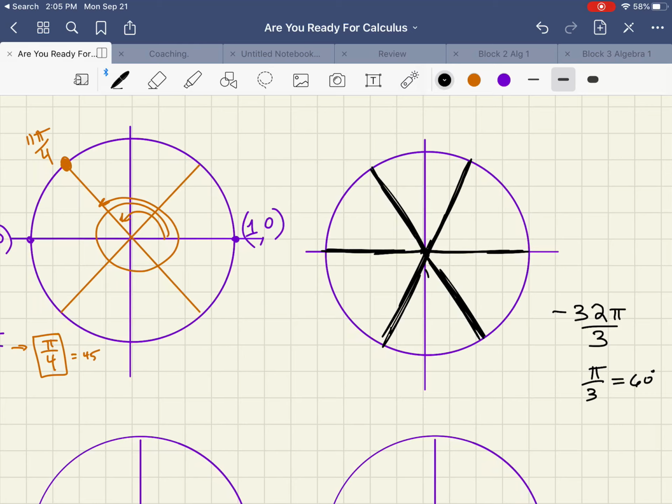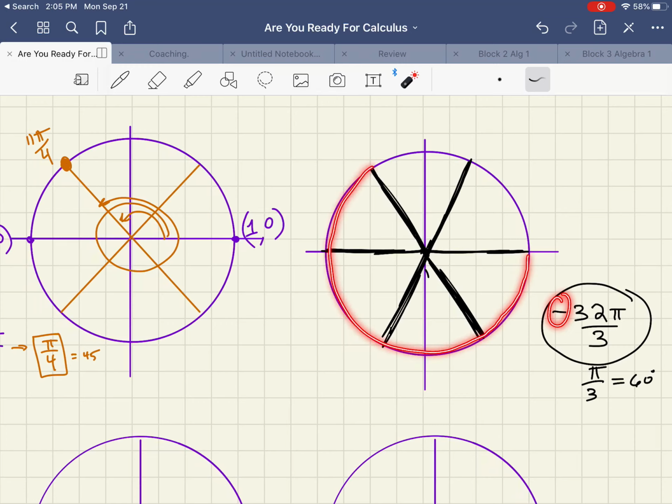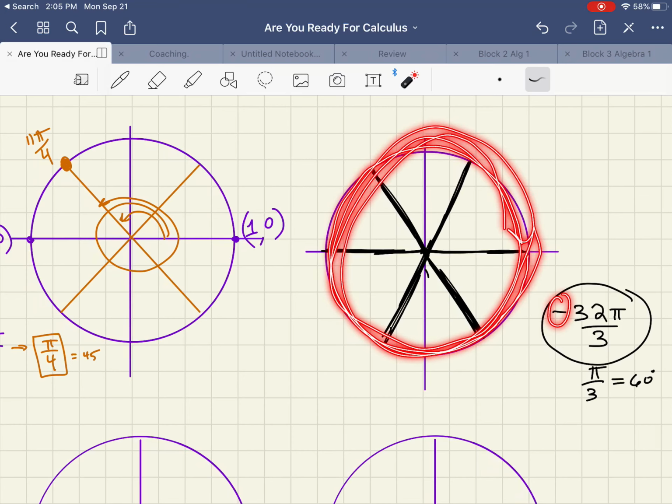I look at it as like a Trivial Pursuit game piece. Okay, and I need to do -32 pi over 3s. So I could literally just count, again, negative being in the clockwise direction. I can count by 6s, right? So there's 6 to get here, 12, 18, 24, 30, and then 1, 2 would put me here.